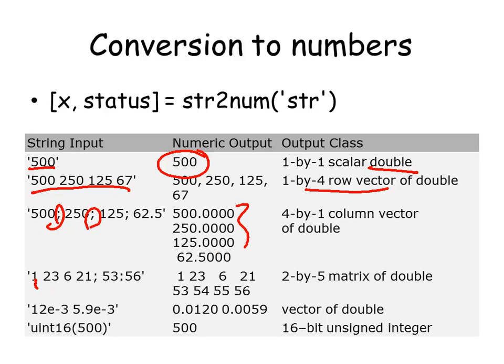And you can also use some of the things that you can use in the command window to generate vectors, such as using the colon operator. Okay, and the square brackets in the string are implicit. So when you use the str2num function, you do not need to put square brackets in your string. You can also use scientific notation or other MATLAB functions which will be evaluated to generate numbers. Okay?